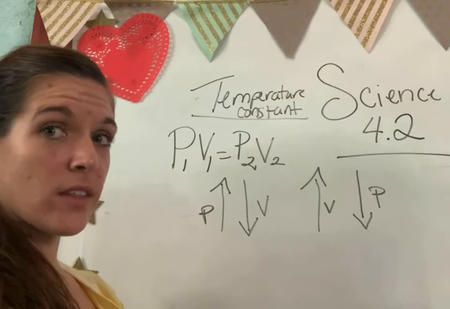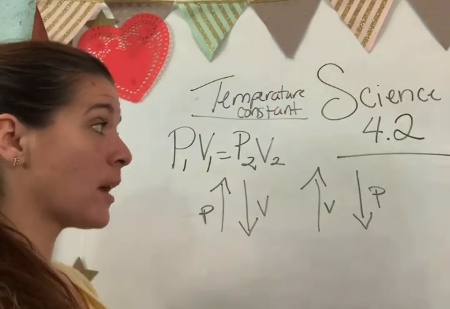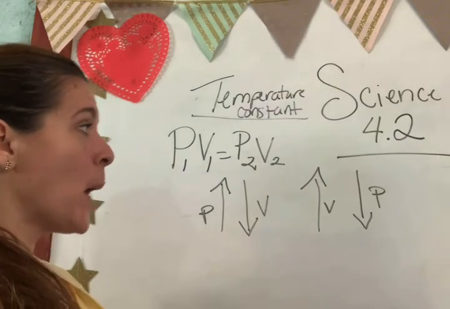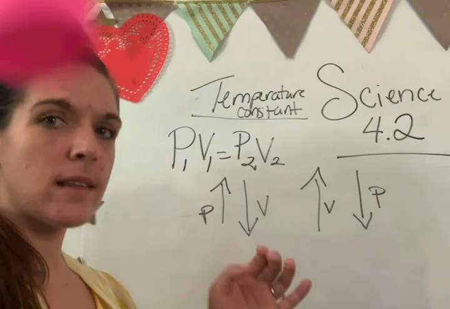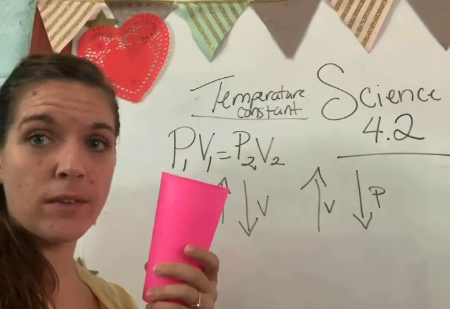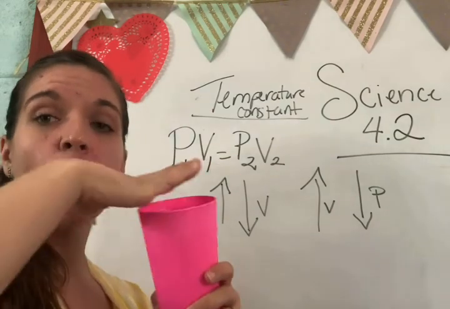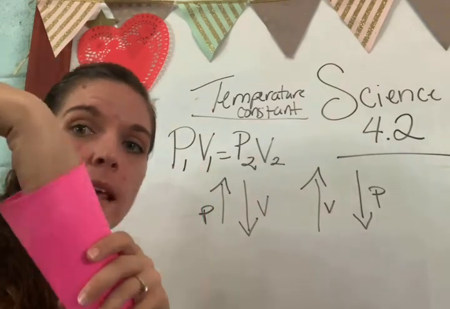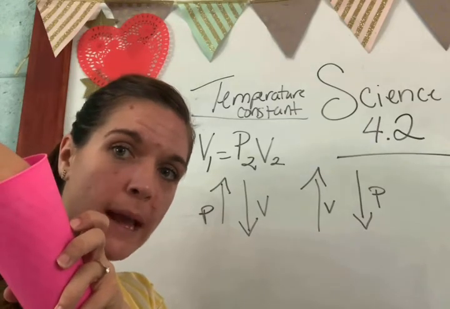You're going to see it at the end of the section as well, that it's going to describe it according to the kinetic theory of matter. But look, if you put more pressure on something, like let's say that we have a gas inside of here, right? If we put more pressure on this, what's going to happen to the volume of where the gas is? It's going to get smaller because you're going to be able to compress it down, right?